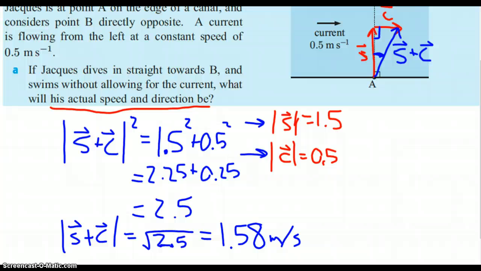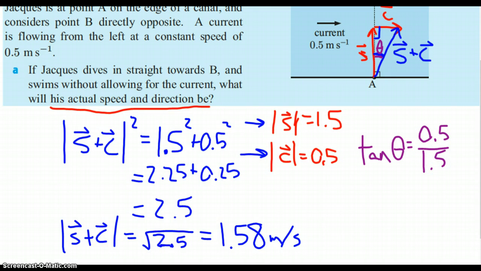So that means I'll call this angle theta down here. So tangent of theta equals the magnitude of the current vector, which was 0.5, divided by the magnitude of the swimming vector.